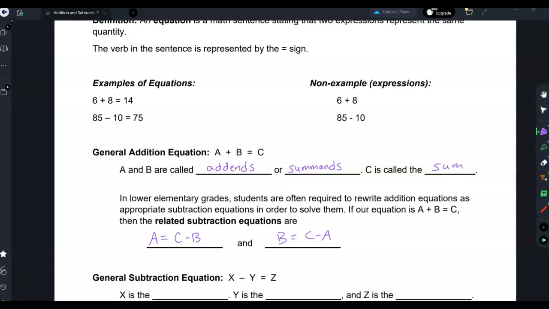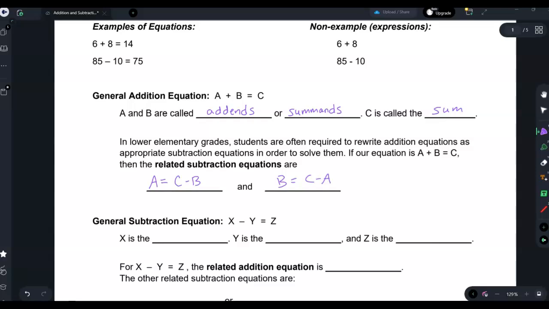We just use reasoning and have them know what the equivalent subtraction equations are. Now, they would do it with numbers, right? So it's the idea of, oh, if I had 1 plus 3 equals 4, I know that I could also express that as 4 minus 3 equals 1, or 4 minus 1 equals 3. Those are the equivalent subtraction equations.